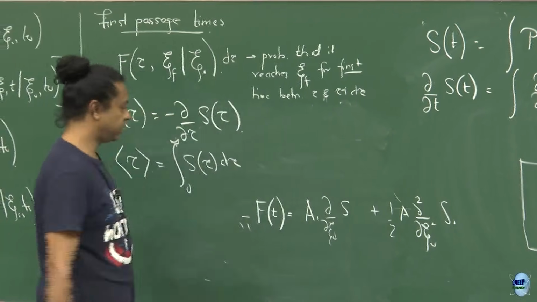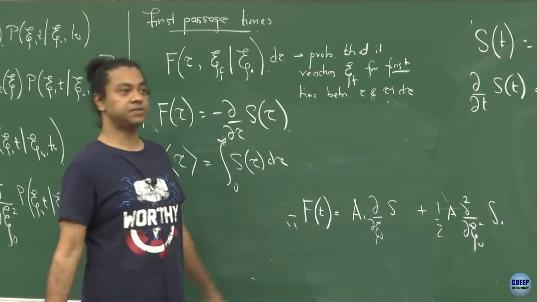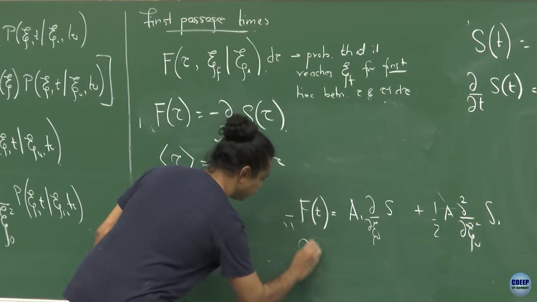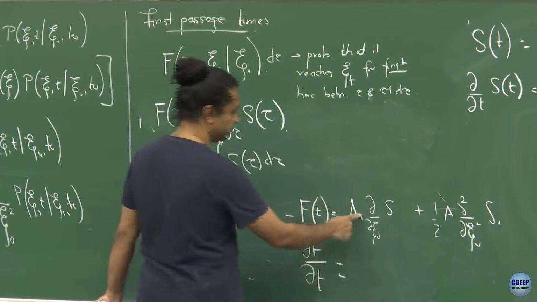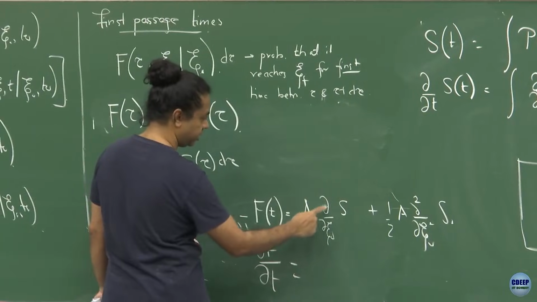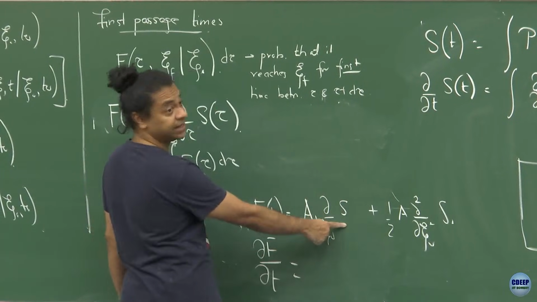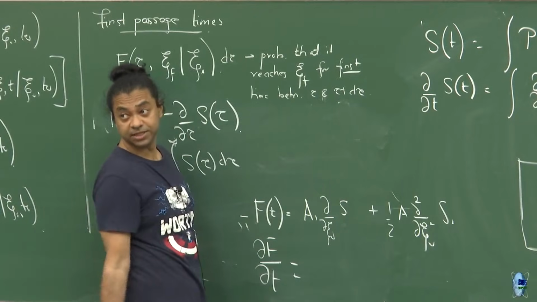If I take another derivative, what equation does the first passage density obey? I get del f del t equal to a1 del del xi naught of del s del t, which is nothing but the first passage itself.